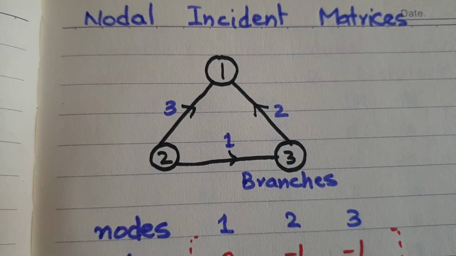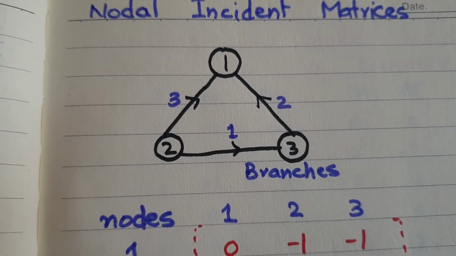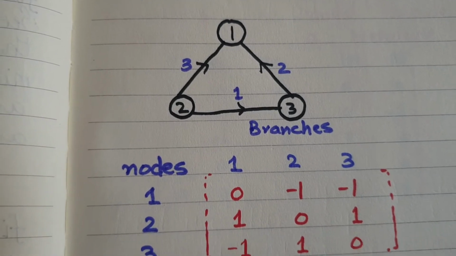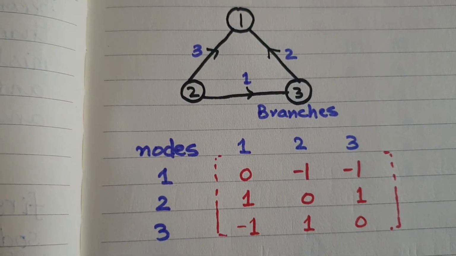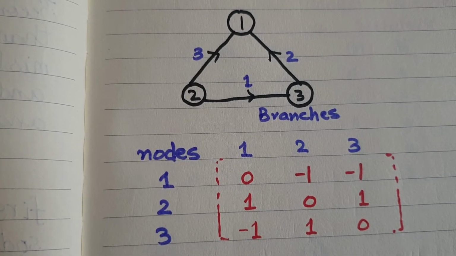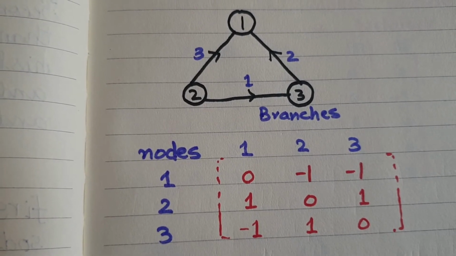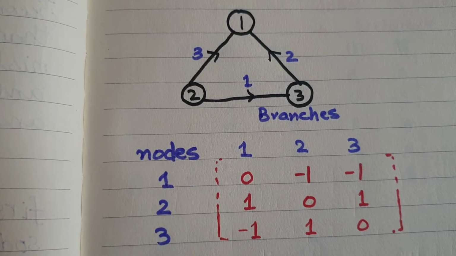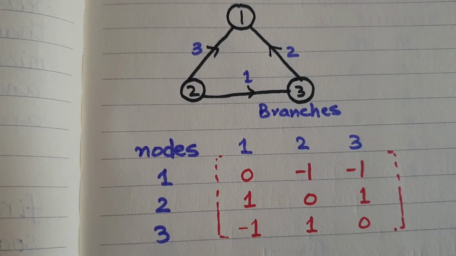So it can be seen over here how I have constructed a nodal incident matrix for a given network. As we can see, there are three nodes, node 1, 2 and 3, and they are written vertically, while three branches 1, 2, 3 have been written horizontally.